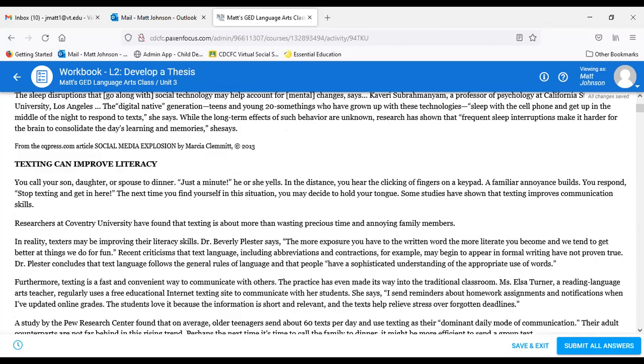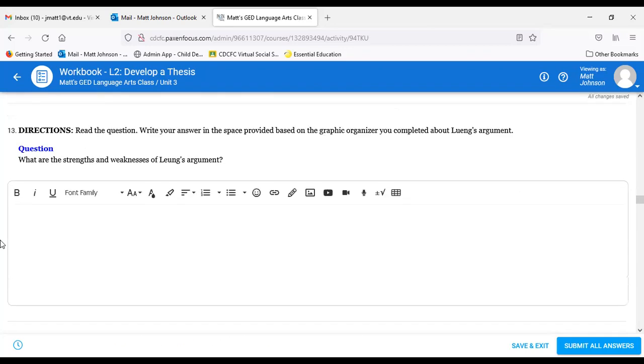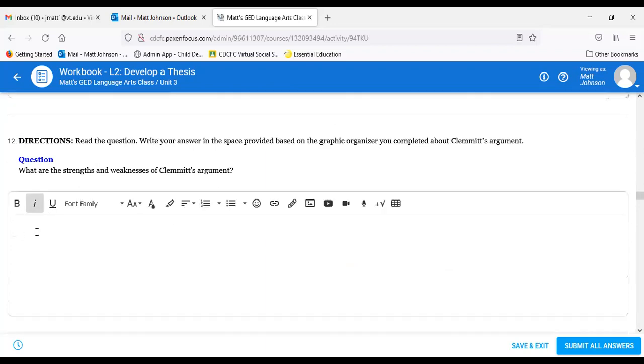So if we're putting that together for 12, scroll back here to 12. Okay, here we go. So Clement's, and I don't need to italicize that.